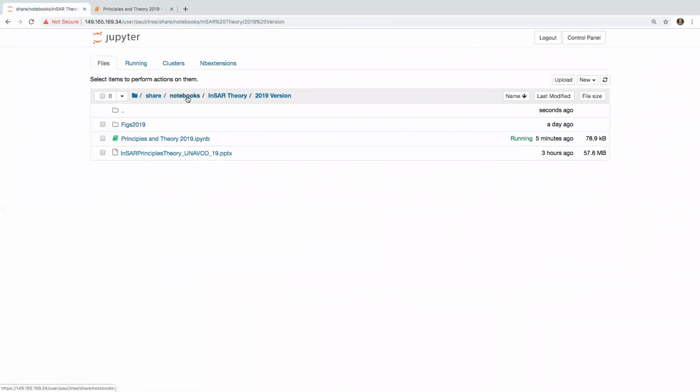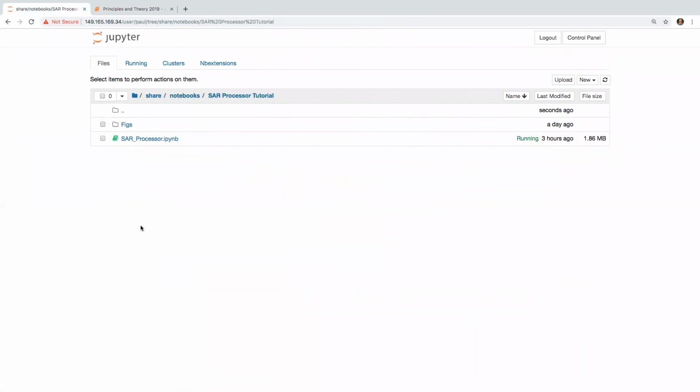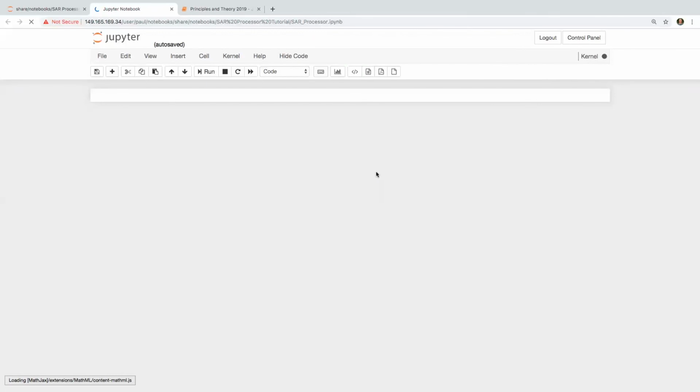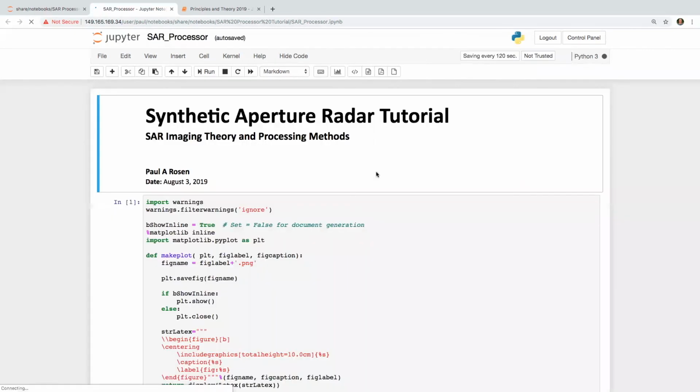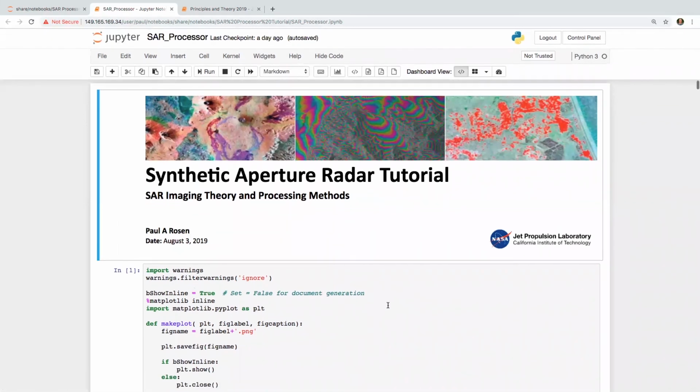Go back to notebooks, and if you go to SAR Processor Tutorial, this also is a notebook supported by some figures in a subdirectory. If you click Run All Cells, it will take probably 20 minutes, so probably not the best thing to do right off the top here, and it's a little slower on this system than on my laptop, so it might even take longer.